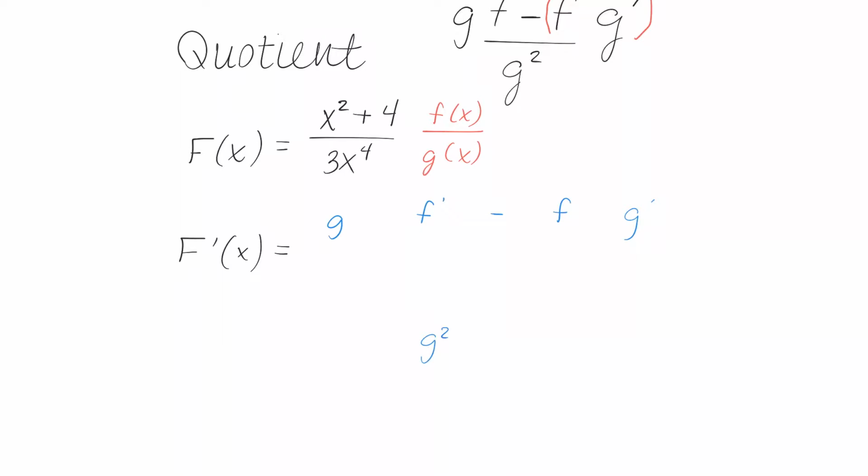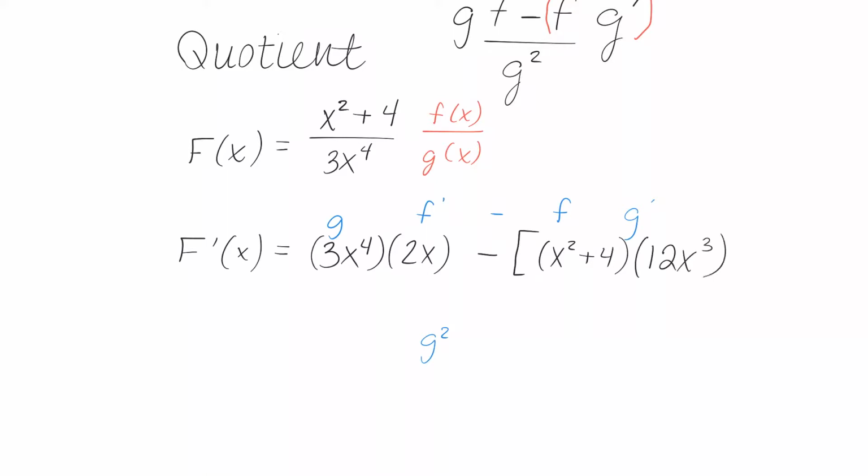So g was 3x to the 4th times f prime, which is 2x, minus, now be careful here, f, which is x squared plus 4, times g prime, which is 12x to the 3rd.